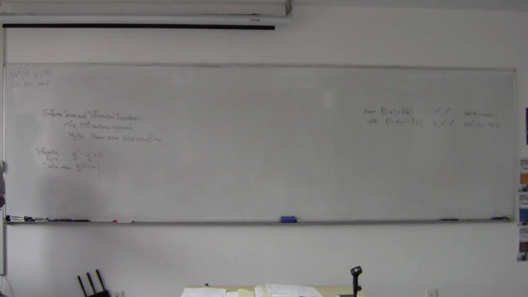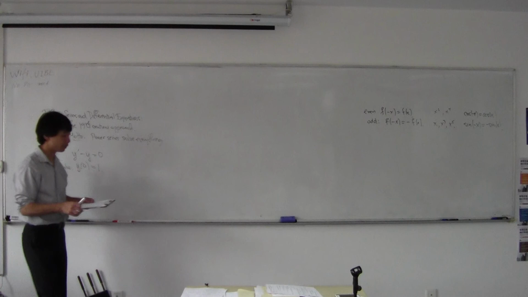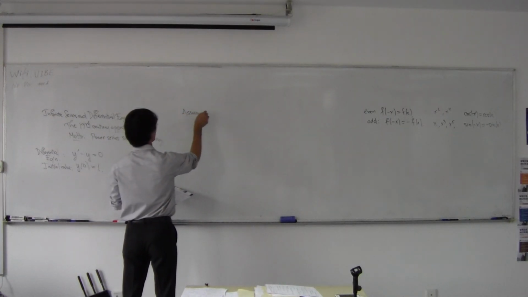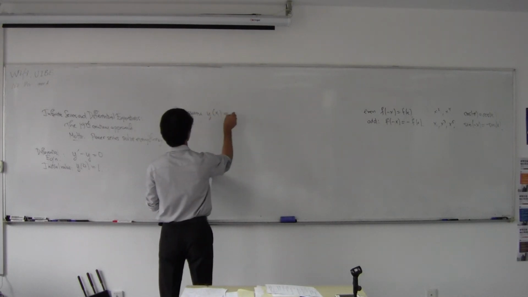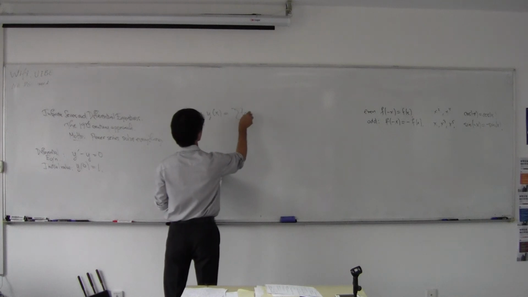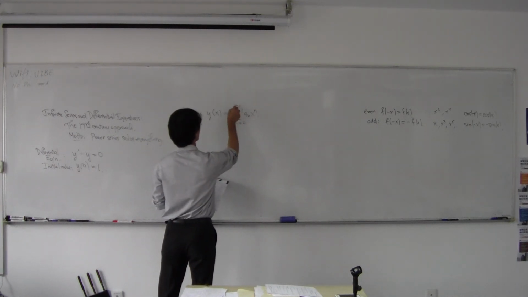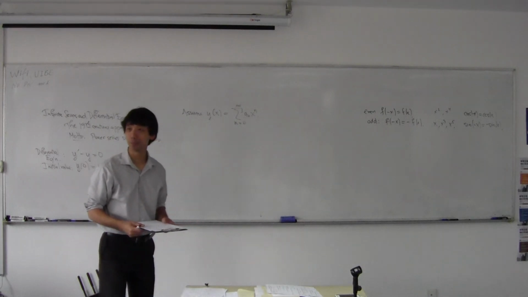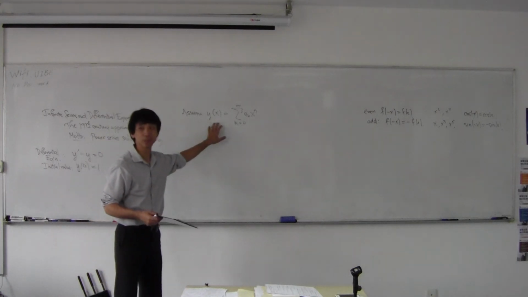You say, well, let's see what we can do. I'm going to assume that y is a power series. I'm not sure what to do here, but my motto is that power series solve everything, so I'm going to assume that this thing is a power series.